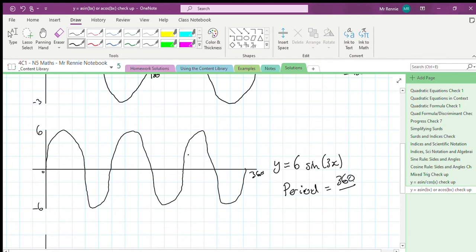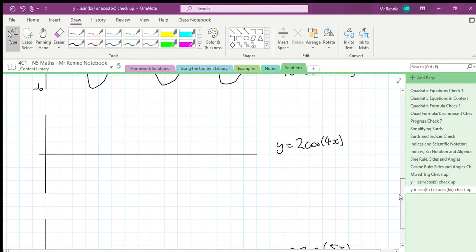So we've got 3 graphs. 360 divided by 3 is 120 degrees. So I know that the first graph would finish at 120 degrees. Therefore, I know the second graph would finish at 240 degrees. Okay, so there's some annotation for our graphs there.